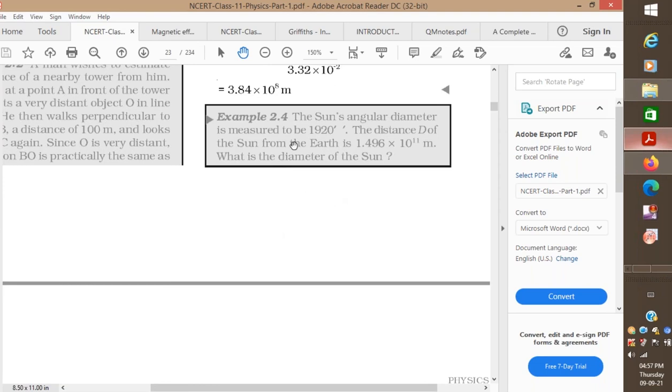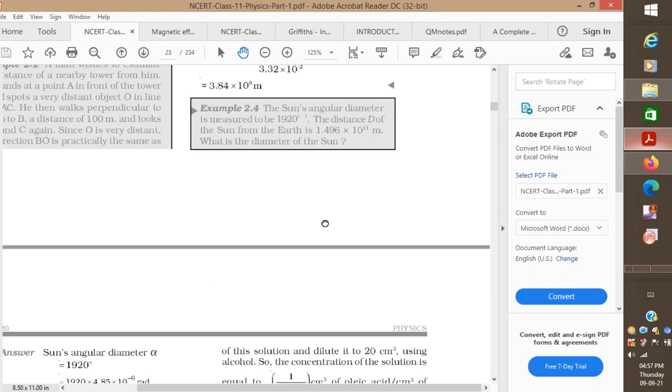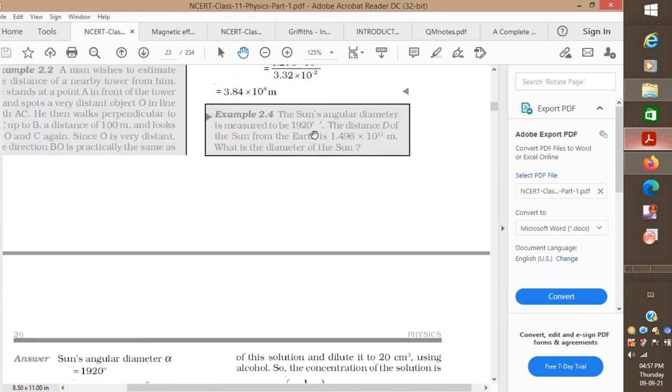See, this angle is 1920 seconds, a very very small angle. The perpendicular distance is given, so I can take capital D as the radial distance, and by the definition of plane angle, the diameter will be equal to D into this angle theta.